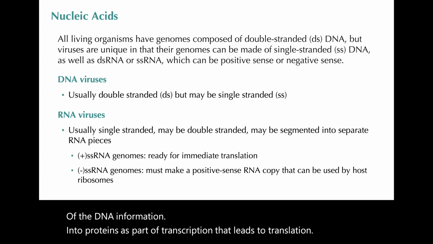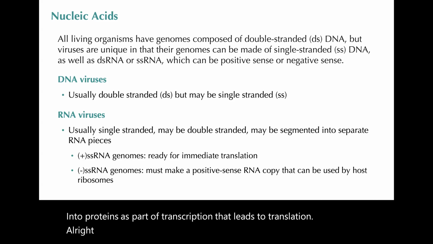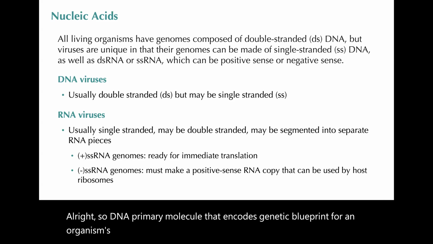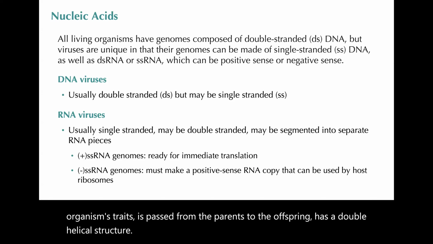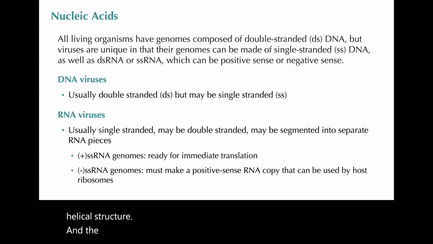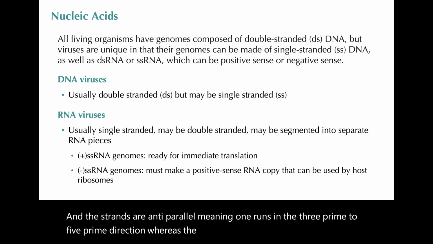All right, so DNA, the primary molecule that encodes the genetic blueprint for an organism's traits, is passed from the parents to the offspring. It has a double helical structure, and the strands are anti-parallel, meaning one runs in the 3' to 5' direction, whereas the other runs in the 5' to 3' direction.